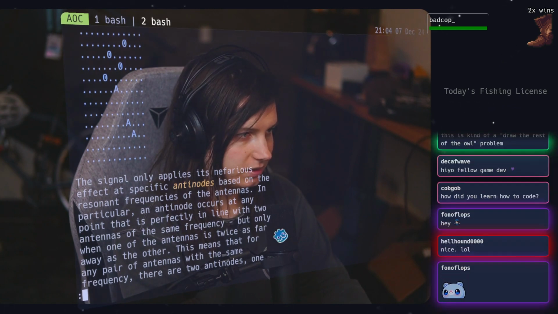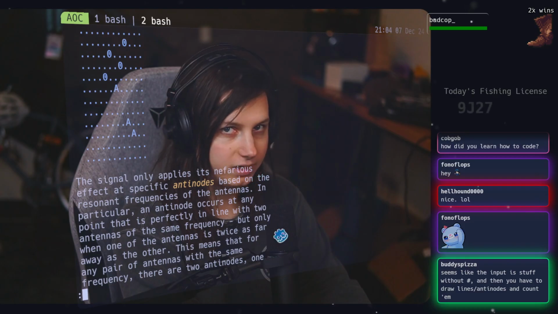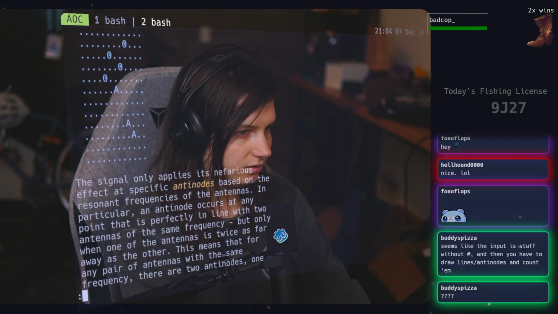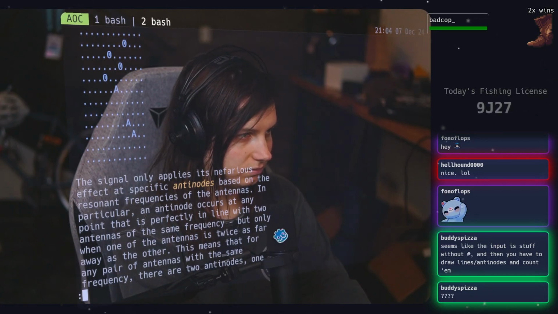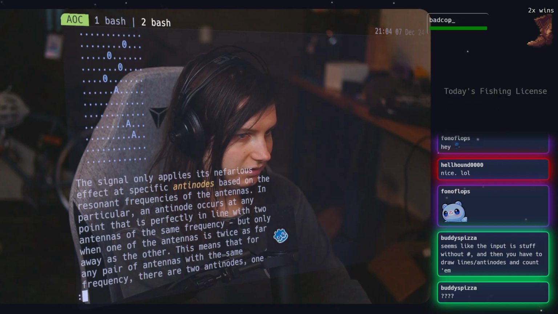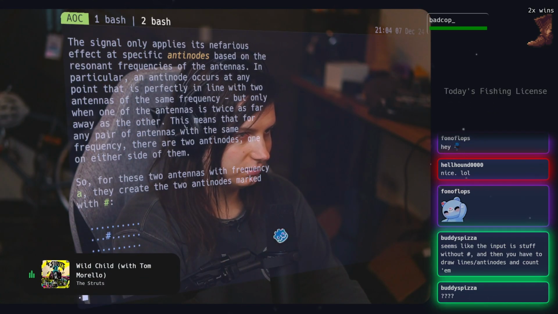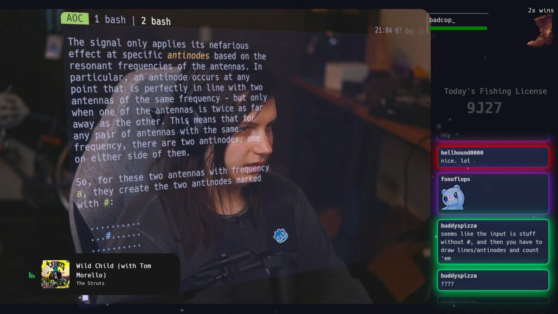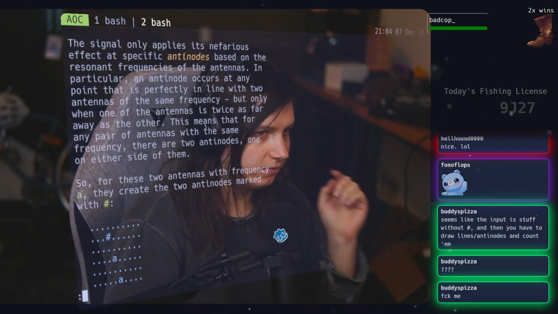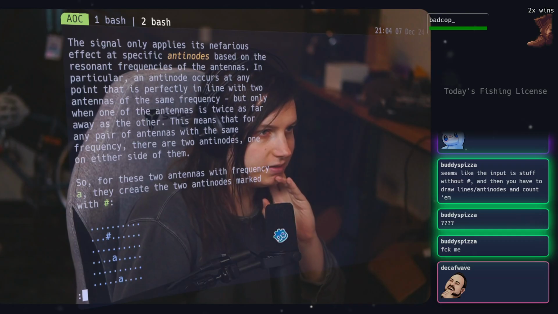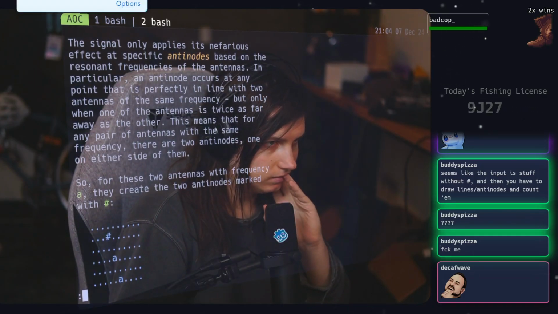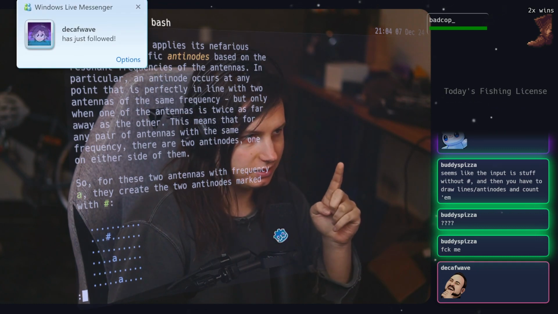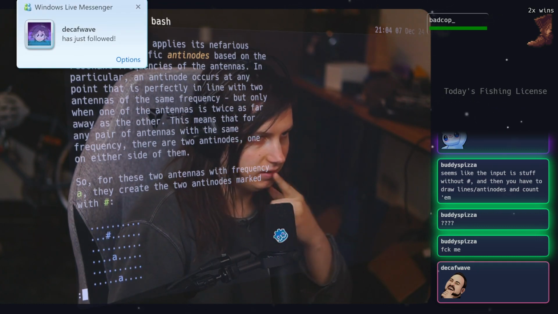The signal only applies its nefarious effects at specific antinodes. Yeah, I'll be honest, I don't really understand. An antinode occurs at any point that is perfectly in line with two antennas of the same frequency, but only when one of the antennas is twice as far away as the other.